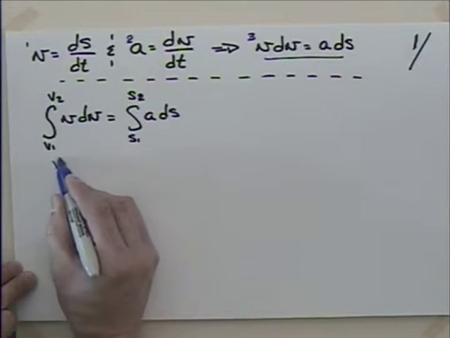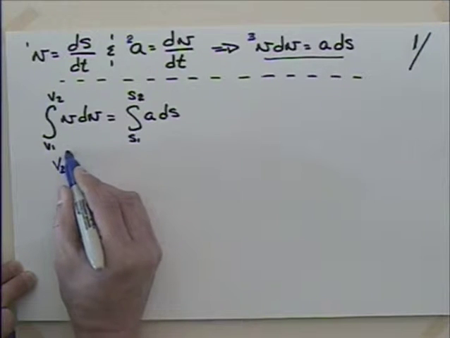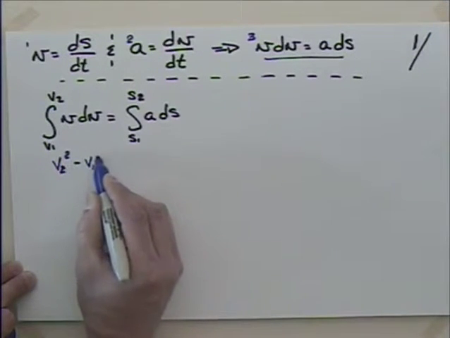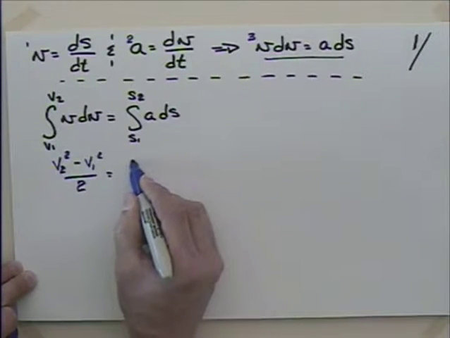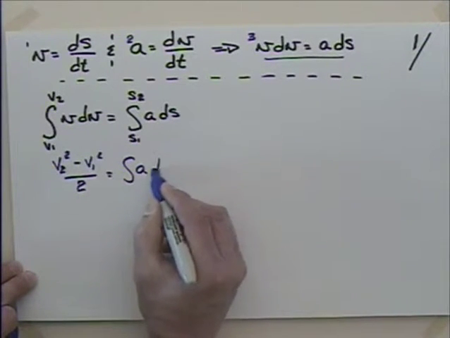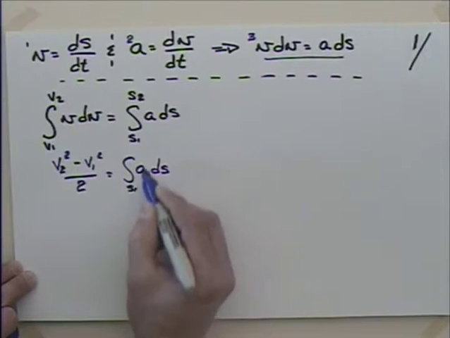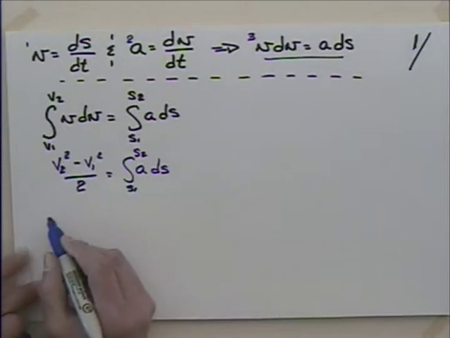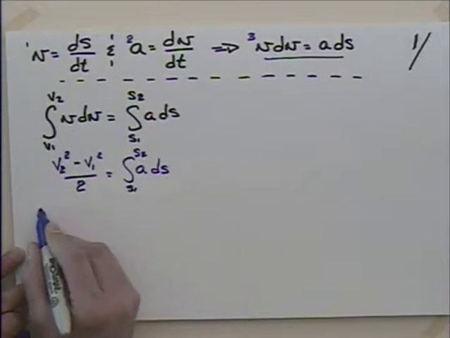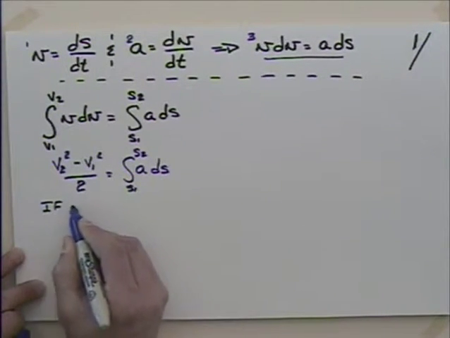I'm going to come up with v2 squared minus v1 squared divided by 2 is equal to the integral of a ds with the limits of s1 and s2. Now I made good progress on the left-hand side. I didn't get very far on the right-hand side, but I can make good progress on the right-hand side if I'm willing to commit to something, and that is to say that if I have constant acceleration.